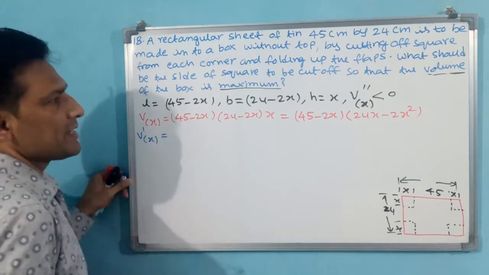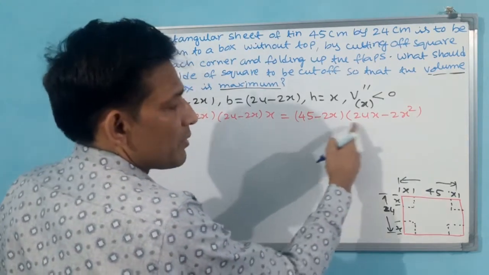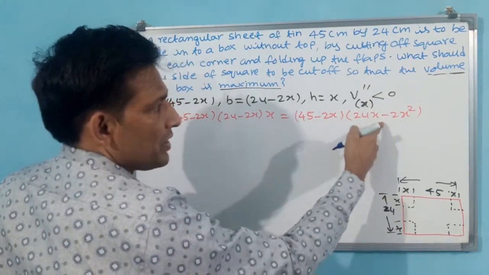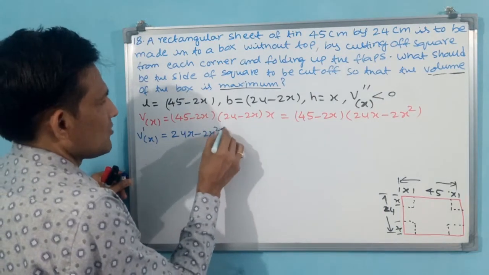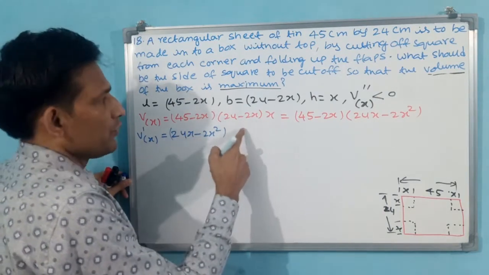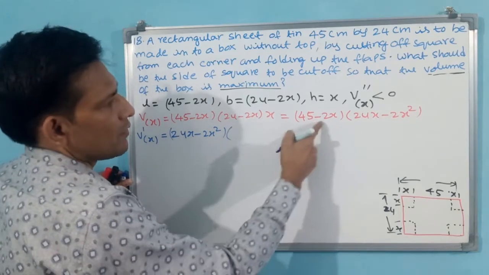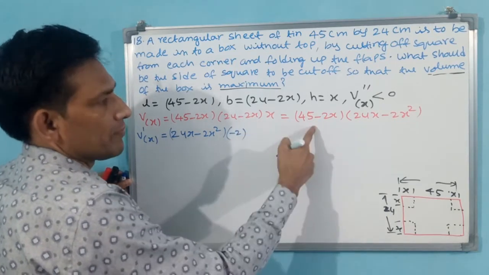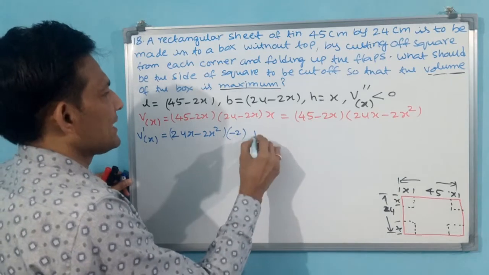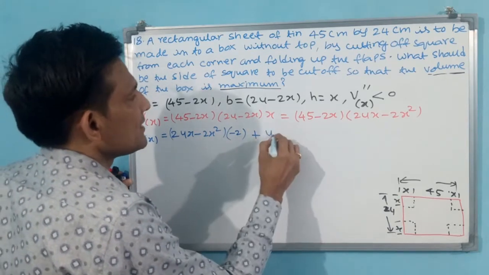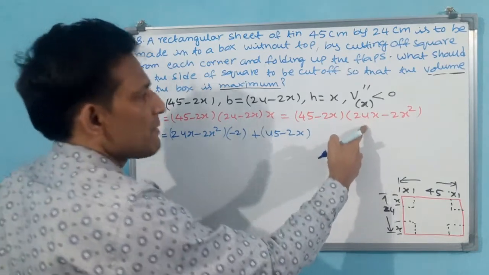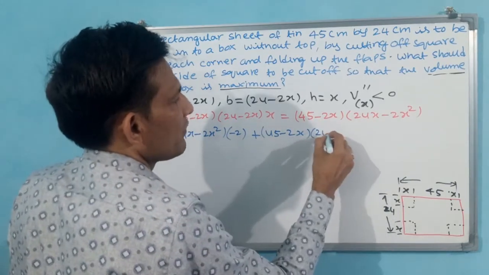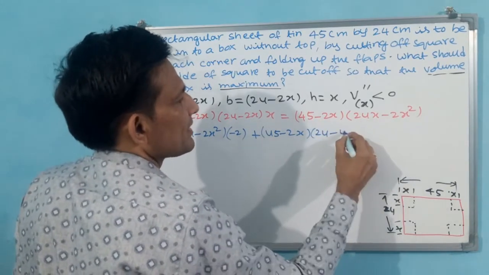Let us proceed. First derivative: V dash x is equal to d by dx of u into v, plus u into d by dx of v. Here u means 45 minus 2x, so its derivative is minus 2, and d by dx of v is 24 minus 4x.